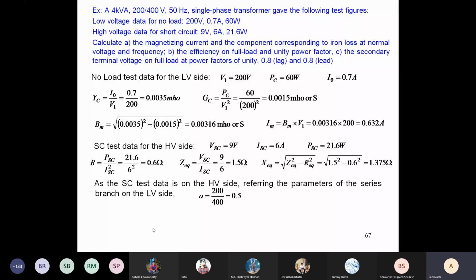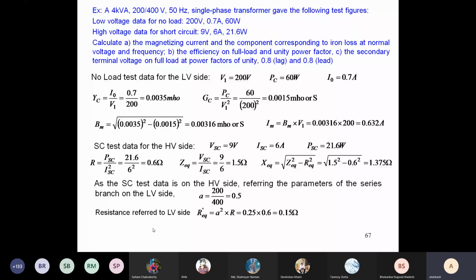So the series resistance referred to the low voltage side, Req dash, is equal to A square R. The R value was 0.6, but that 0.6 was determined with respect to the high voltage side because the short circuit test is done from the high voltage side.